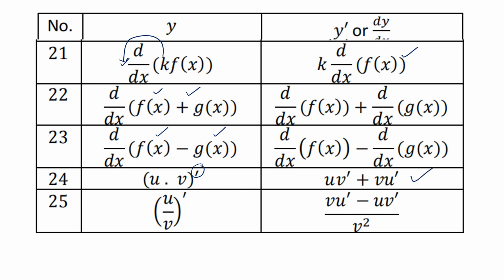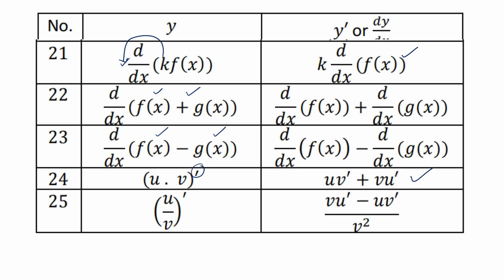Carefully remember this important rule. I'm keeping u, finding the derivative of v. So u same thing, v derivative is v dash. Then plus other function, keep v and derivative of u, it is u dash. So u v dash plus v u dash. Easily we can remember this.